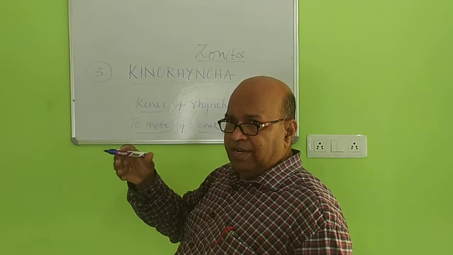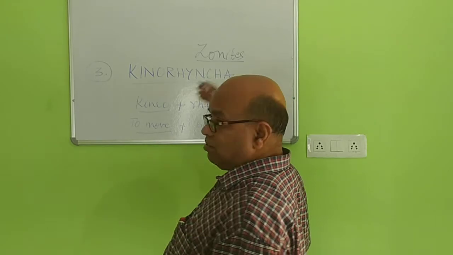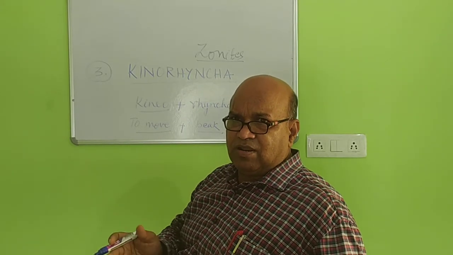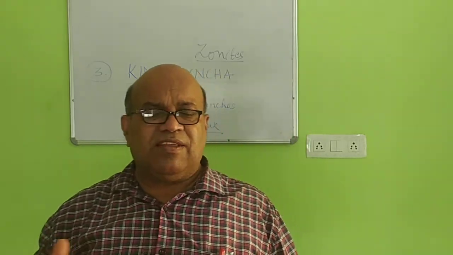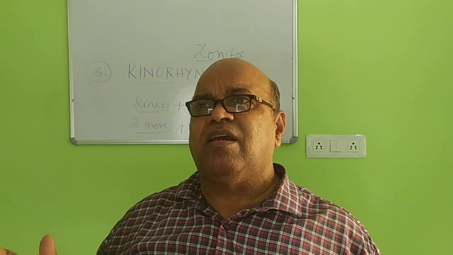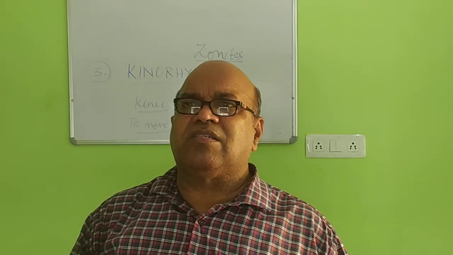Zonites means the partition of the segments, which are ring-like structures, generally formed superficially in its body. So it is called superficial segmentation of the body into 13 to 14 overlapping rings or zonites.